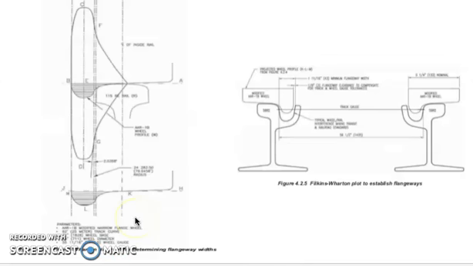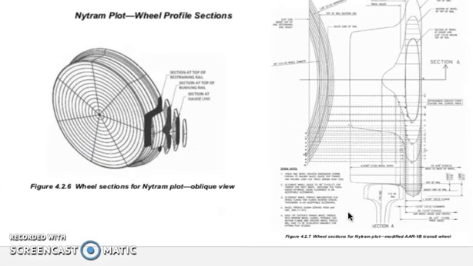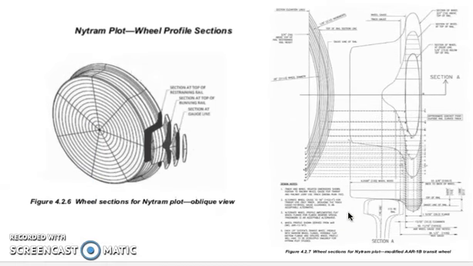Here is an illustration showing the diagram for determining a flangeway width by the Filkins-Wharton diagram, or Filkins-Wharton plot, to establish the flangeway width. This one is an illustration of the wheel section for the Nytram plot, the oblique view. These are some of the illustrations for the wheel section of a train.